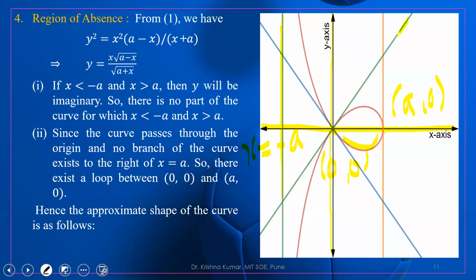And now let us see here. This is y is equal to x and y is equal to minus x. These two are what? These are the tangents at origin. So we are getting such type of curve. Just look here. This line is tangent at point a, 0.